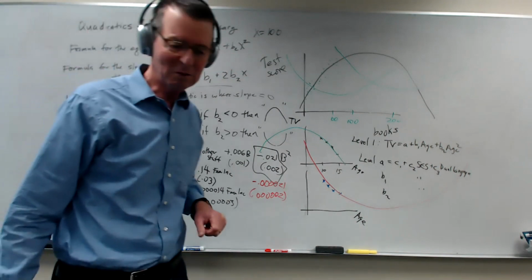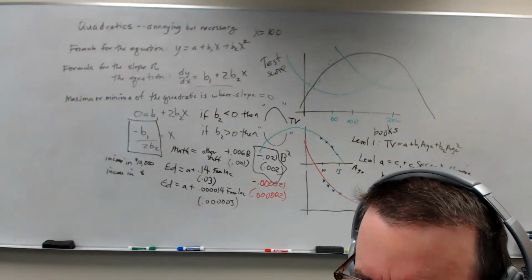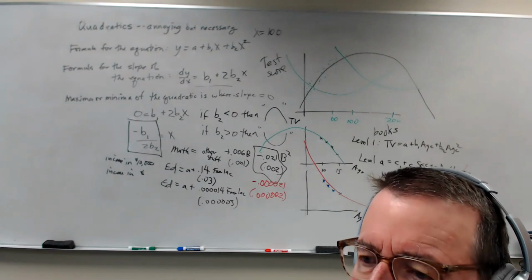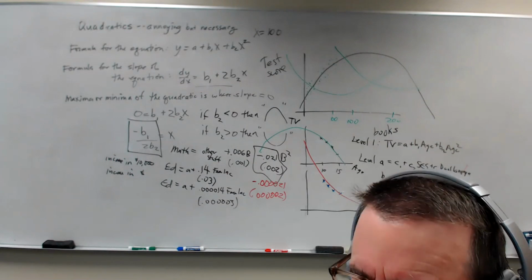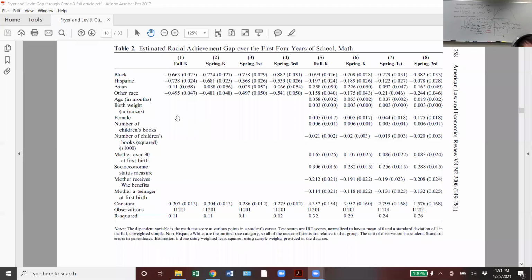So it's the test score associated with someone who is 0 months of age, weighed absolutely nothing at birth, is a male, and socioeconomic status is 0.